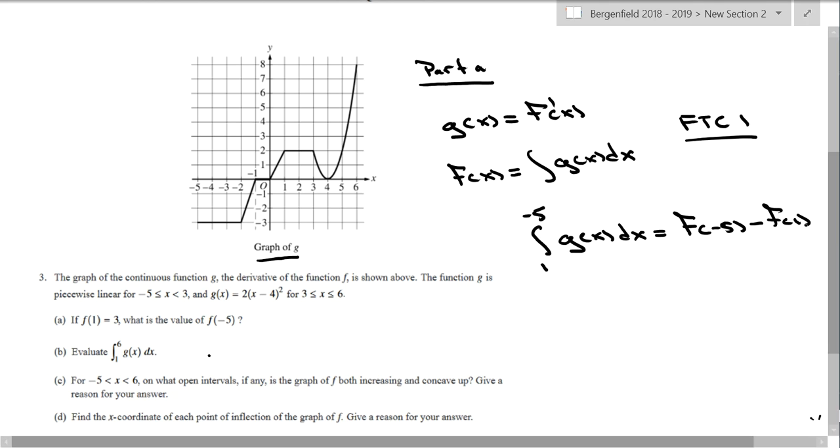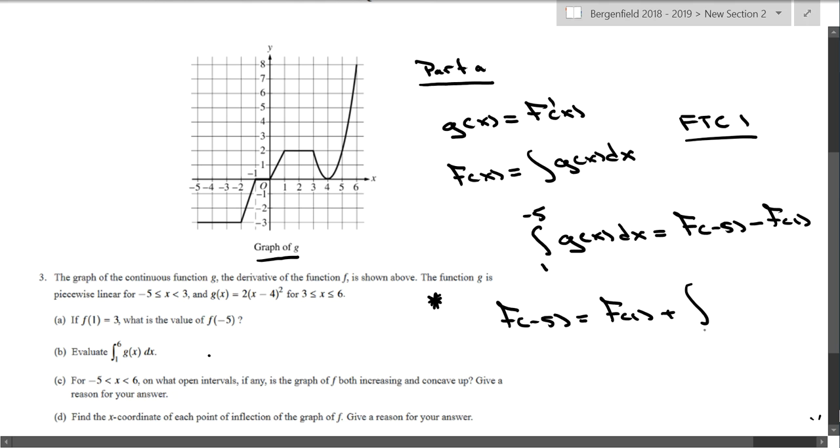Couple things. We want to get f of -5 by itself, because that's what we're looking for. And they love this move. They love when you solve for a part of the leftovers once you integrate. Either it's the first guy or the second guy. And you just have to manipulate your function here a little bit. So f of -5 is staying on that side, so I'm bringing the other guy over. So it's f of 1 plus the integral from 1 to -5 of g of x dx.